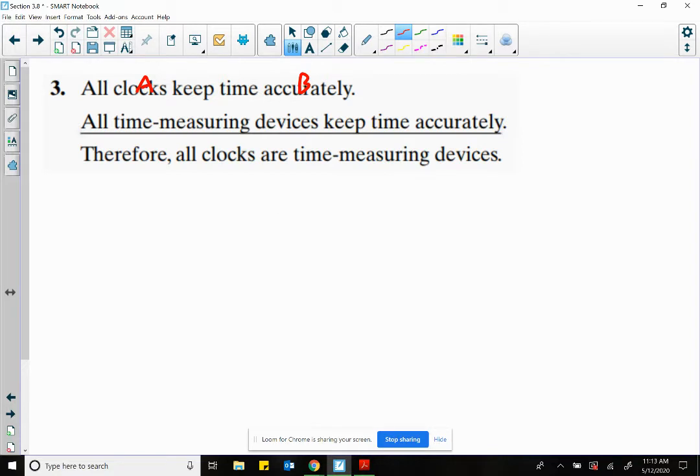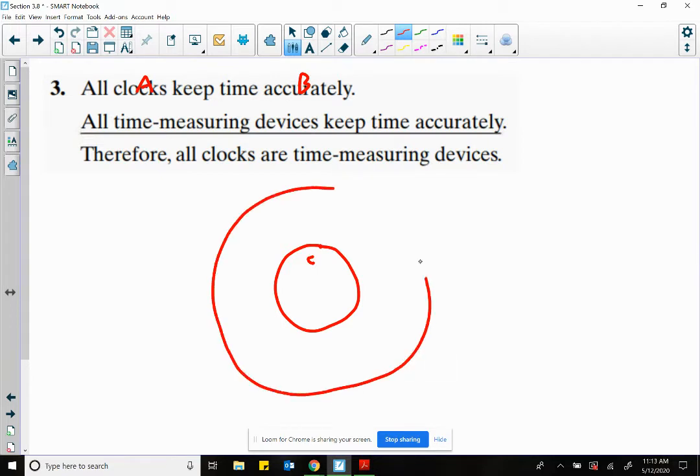So in this one, again, since this is an all A are B, the A, which is clocks, is surrounded, I'm going to make my circles a little bit bigger this time, by accurate time, or what I call TA, time accuracy. Okay? And you can name your circles whatever you want. All right. So there's our first circle. Clocks surrounded by time accurately.